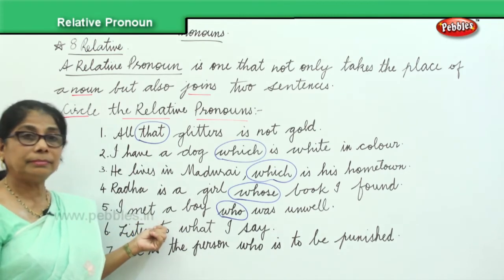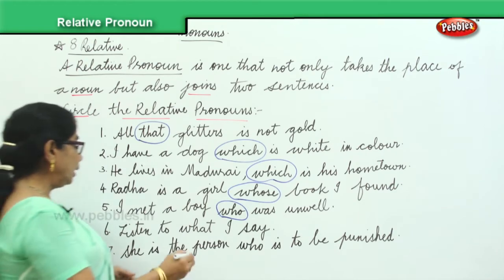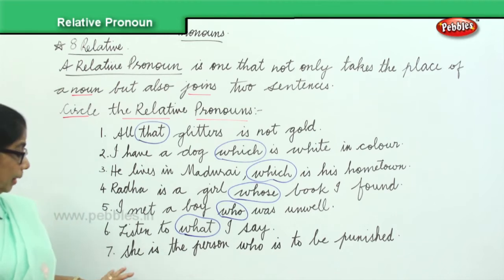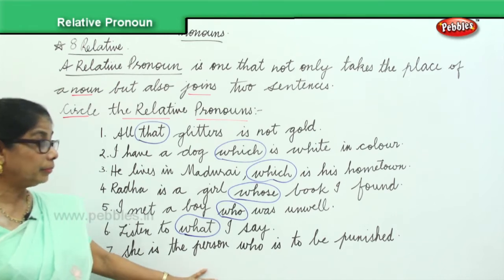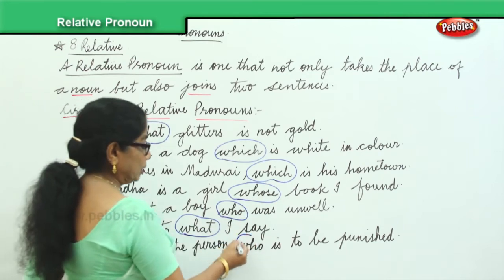Listen and I say. Joined by what? Listen to what I say. Then she is the person. She is to be punished. Who is to be punished?